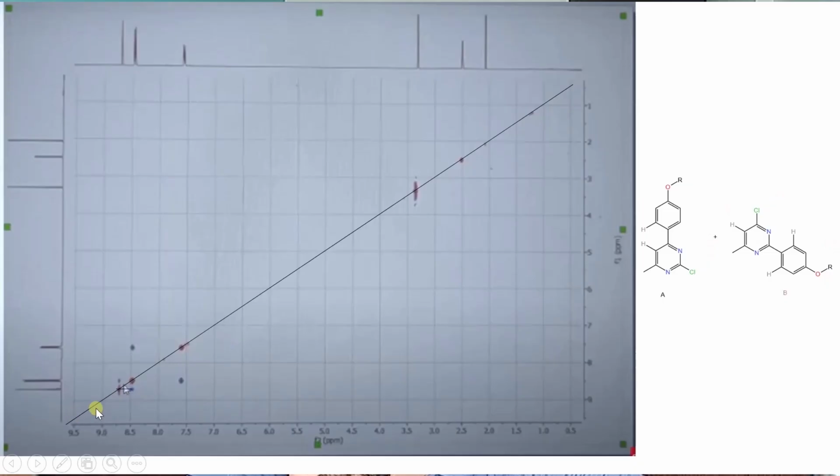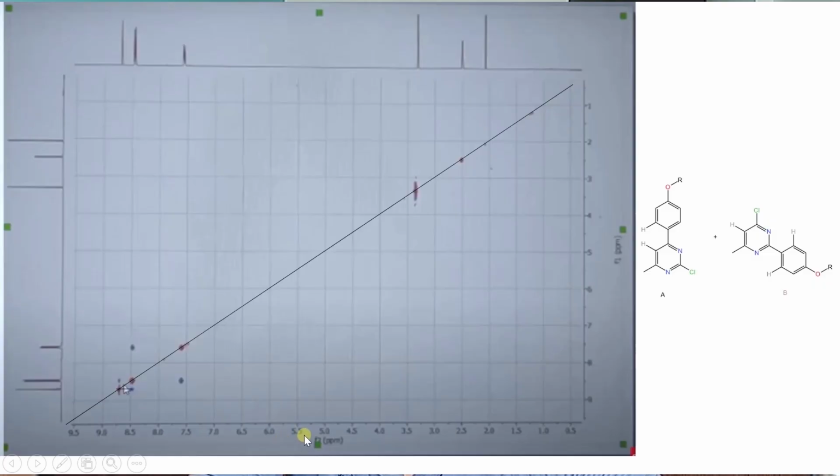Now we can see here in the diagonal axis, this proton which is coming here, a singlet, is interacting with another proton which is in this region, and you can see this region 7 to 9 is an aromatic region. So this singlet which is here is actually this proton, right? And if this proton is interacting with this other proton, it clearly shows that this is the molecule which is forming, as confirmed by the NOESY spectroscopy.